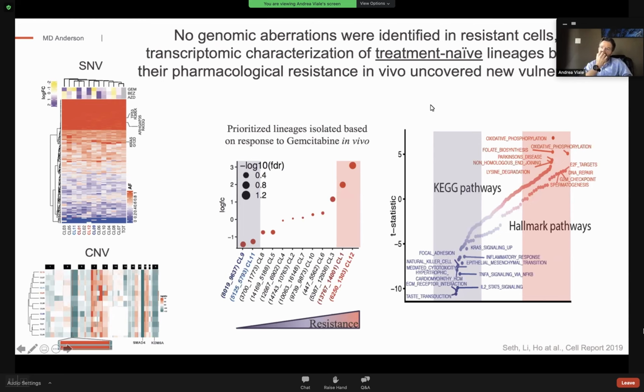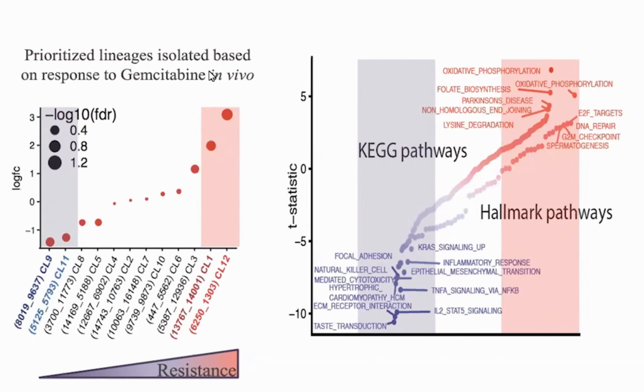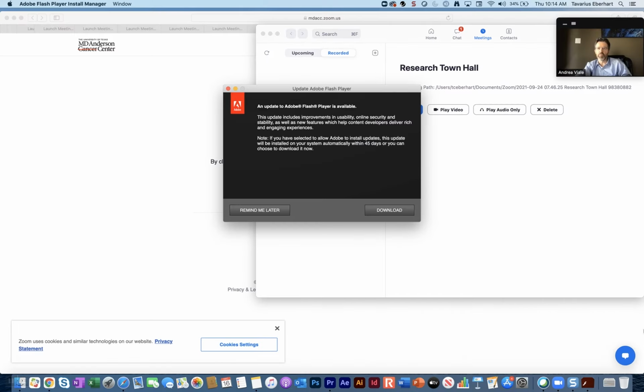One of the advantages of using this approach is that we can prioritize lineages isolated based on their behavior in vivo. Okay, so we know where the resistant clones or the sensitive clones are, and we can use this to prioritize the pathway analysis that we generate.